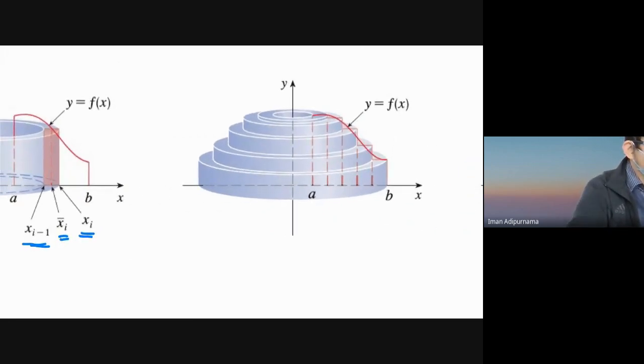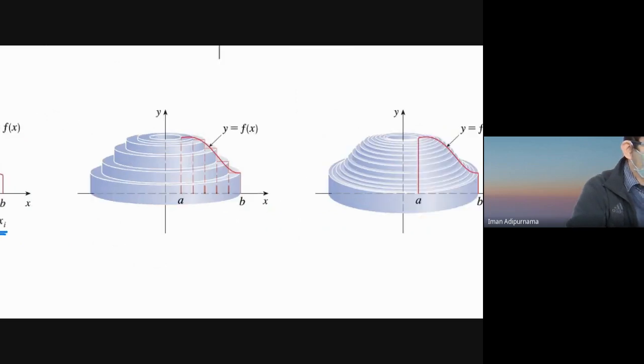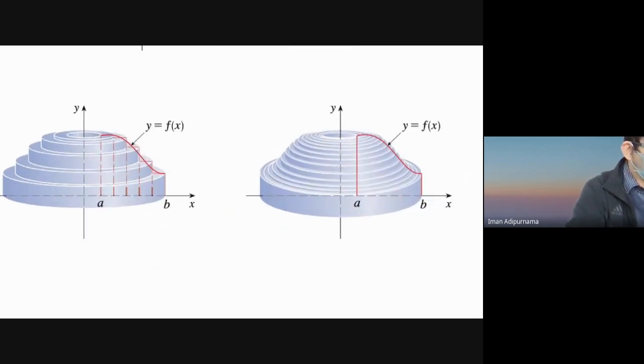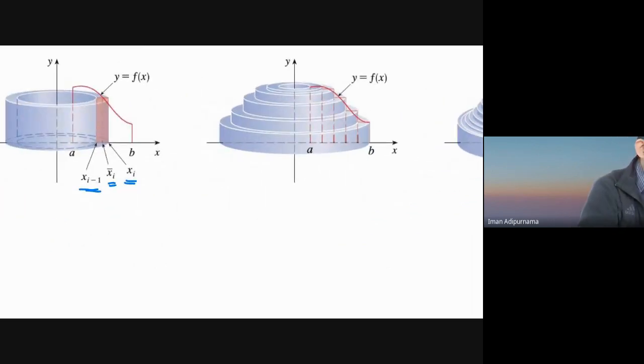And if we cut this volume into several parts and become smaller and smaller, from A to B, and we want to evaluate from A to B, then in terms of the sum or the approximations, we are going to have the sum of 2 pi x_i sample, sorry, f, and then delta x.